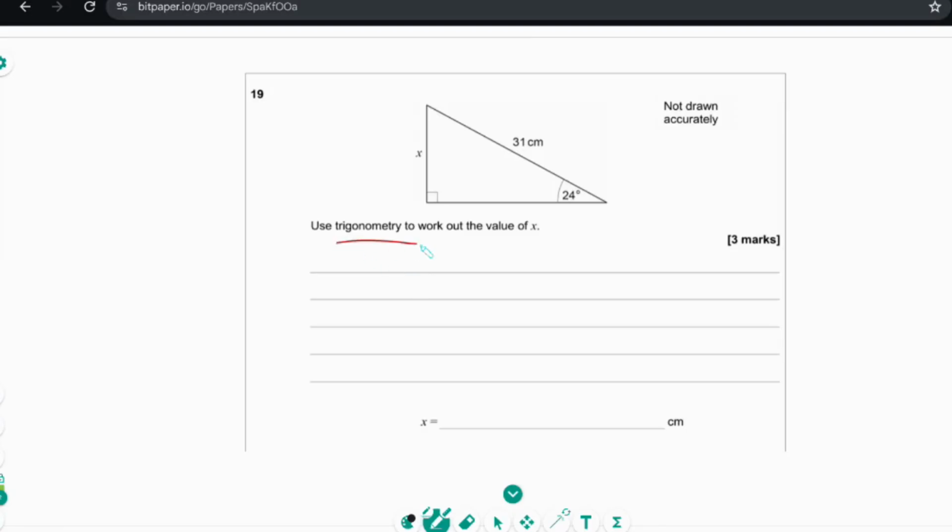Use trigonometry. So this is a SOHCAHTOA question. Here's the angle. This is the opposite length. Right angle, hypotenuse. So what uses O and H? SOH.